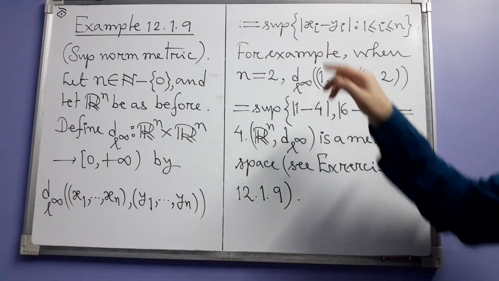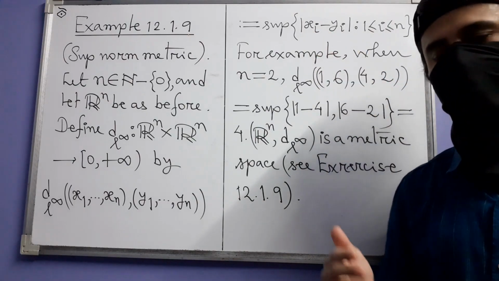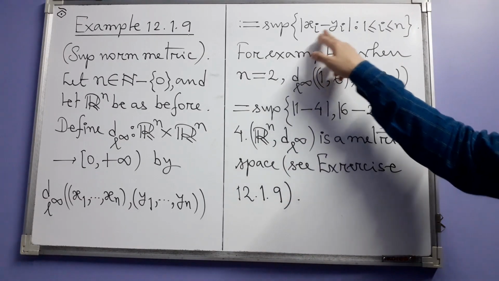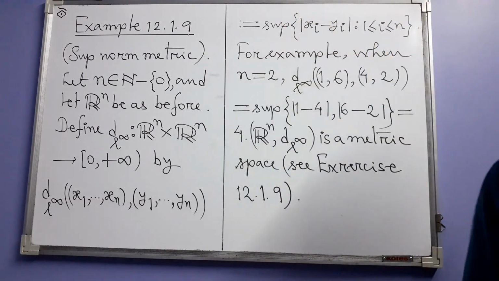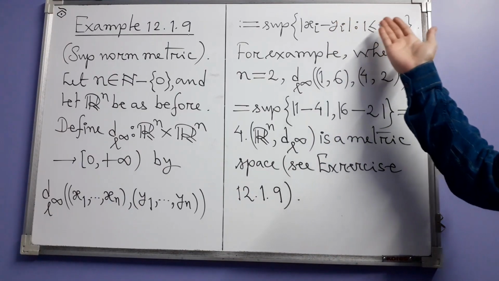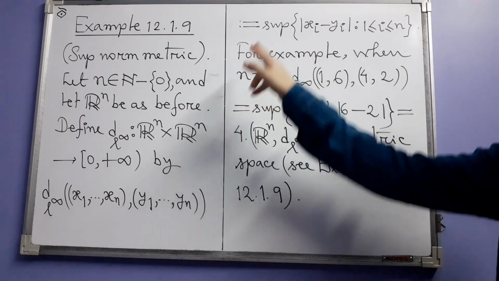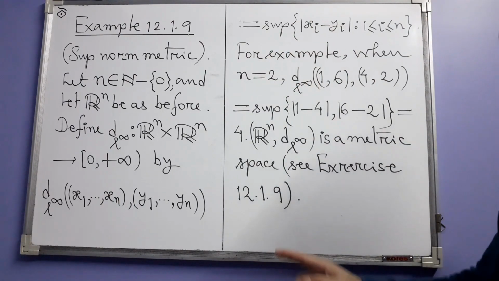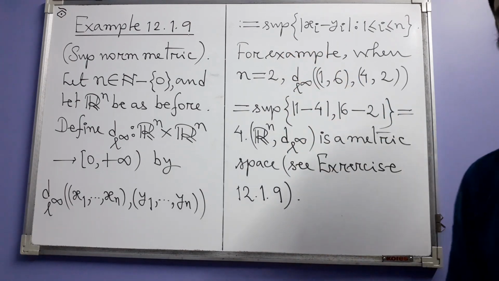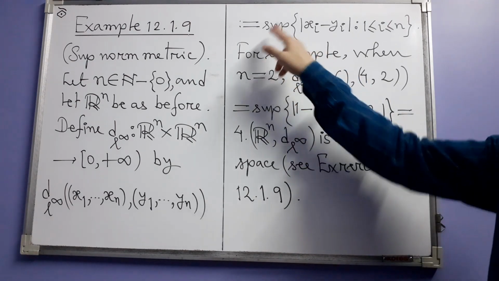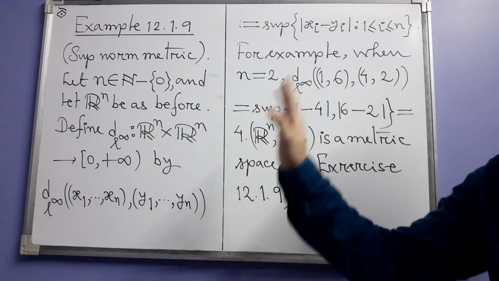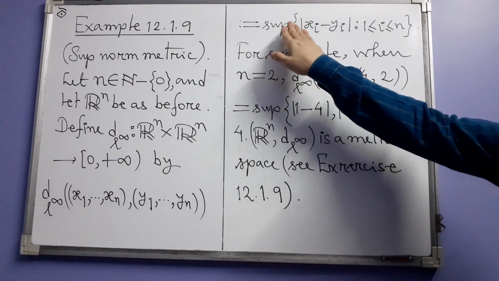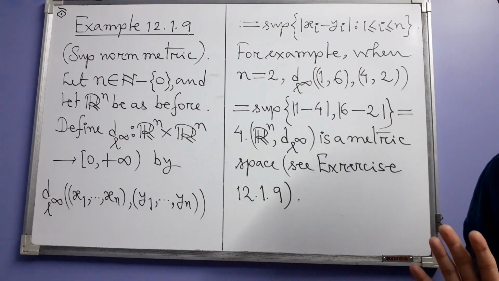In this set we consider the numerical difference between the corresponding coordinates of these two tuples, and we take the supremum. So you can see that actually this is a finite set. So instead of supremum you can also write maximum if you want. However, it has an infinite version also. That is why in general we write supremum. We need not worry about those infinite versions or whatever they may mean. So you just treat it as maximum.